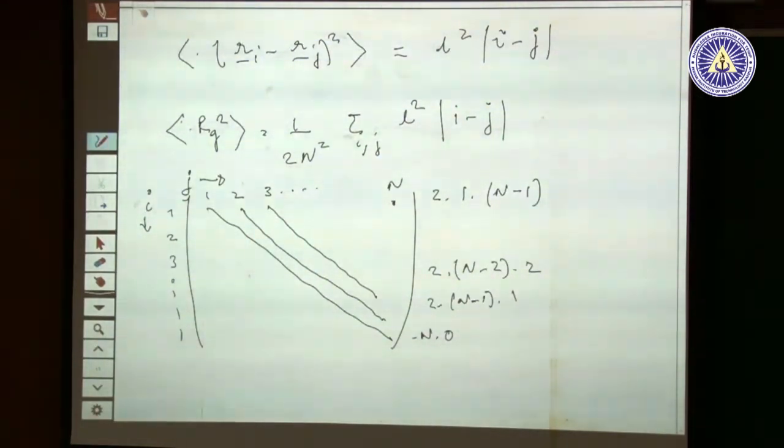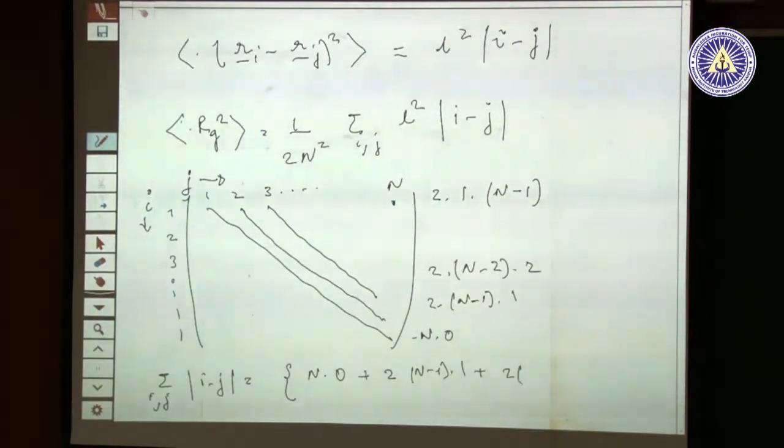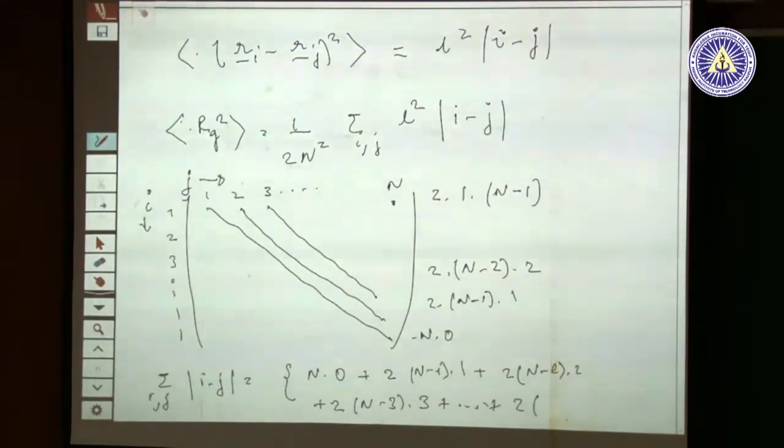So let us write the sum then. Sum over i, j of i minus j can be written as n times 0 plus 2 times n minus 1 times 1 plus 2 times n minus 2 times 2 plus 2 times n minus 3 times 3 and so on, going all the way to plus 2 times 1 times n minus 1.